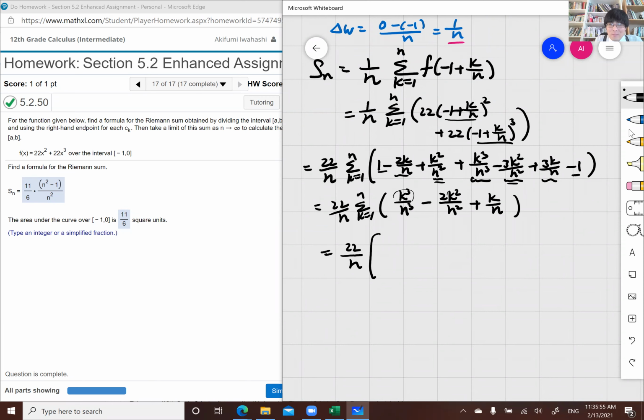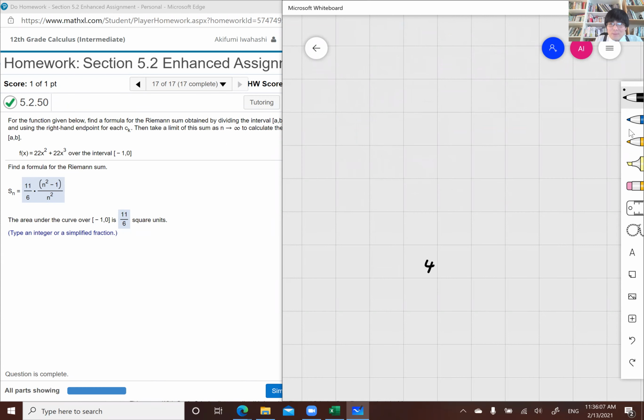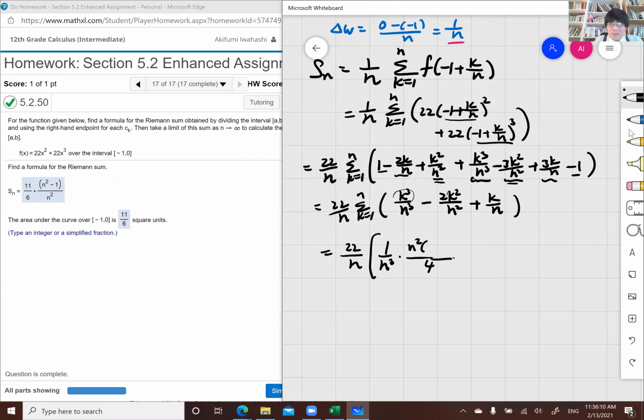So n cubed stays here. And the formula for the sum of the cubes is not n square, it has 4 on the bottom, that's the formula: n square, n plus 1 square. For the sum of the k square, it's n times n plus 1 times 2n plus 1 over 6.